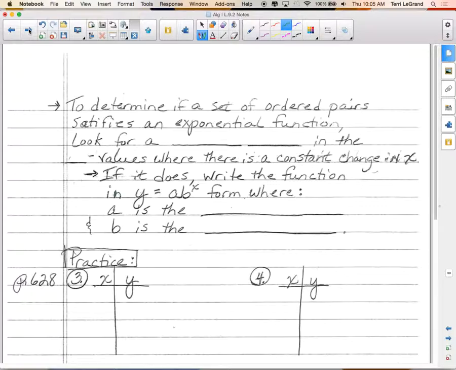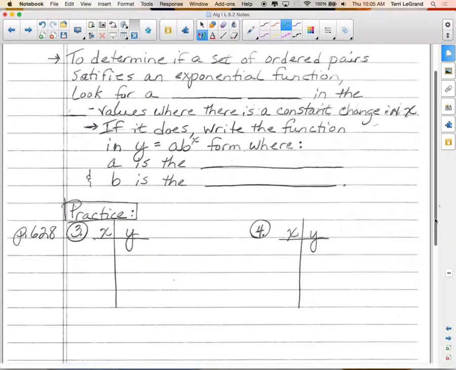Okay, let's go to the back side, where we now determine if we have exponential functions or not, and if we do, we're going to learn how to write the equations for them. So to determine if a set of ordered pairs satisfies an exponential function, we're going to look for, just like we did yesterday, a constant ratio, or a common ratio, if you'd rather call it that.